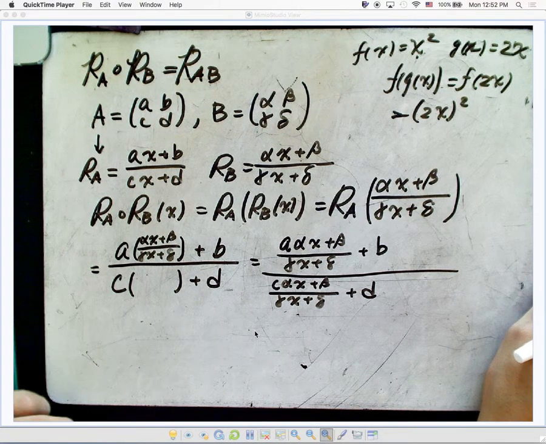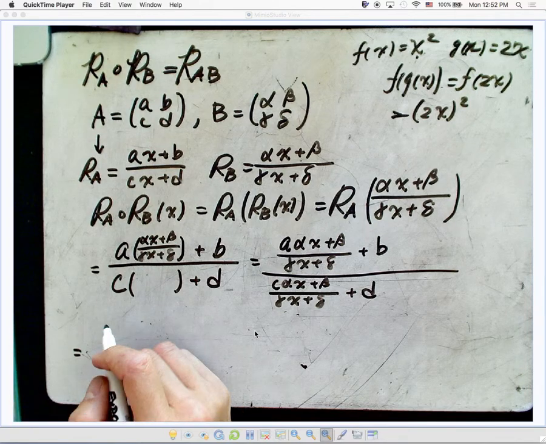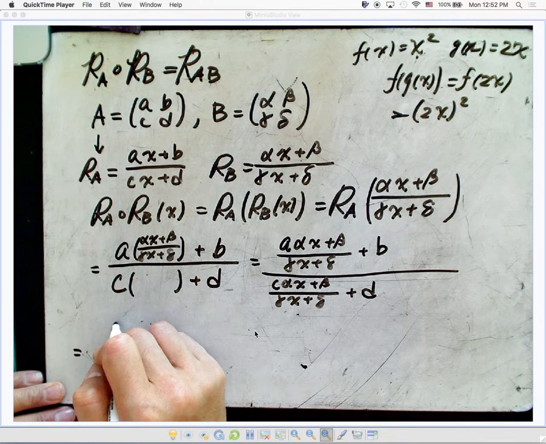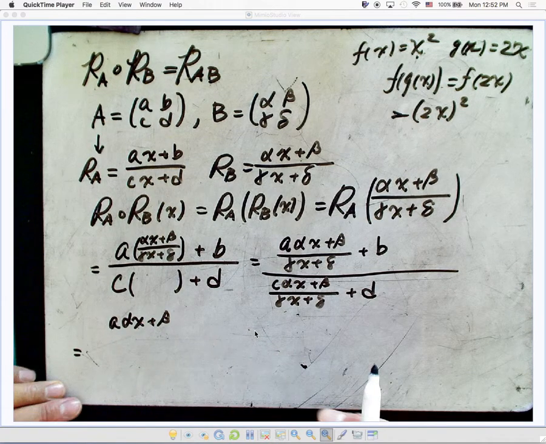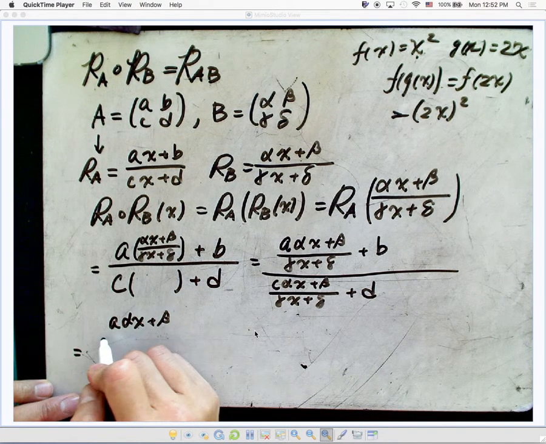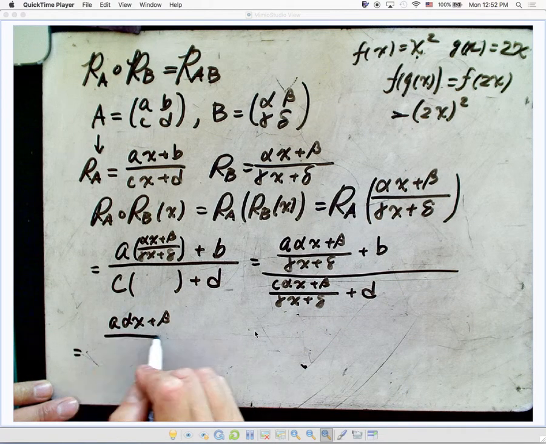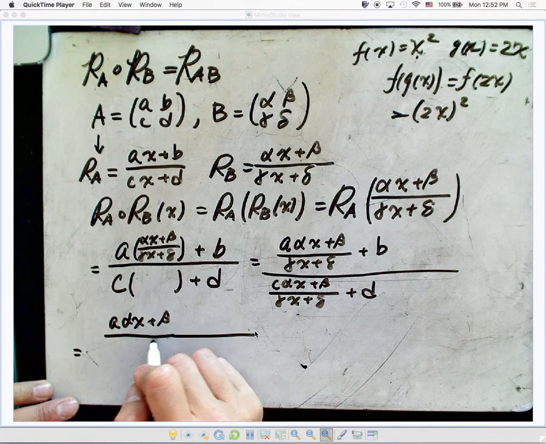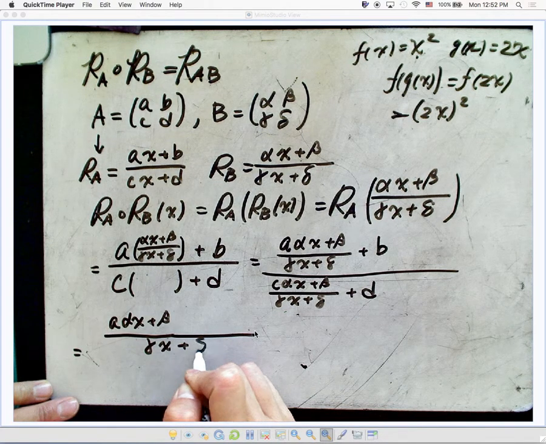Whew. Then the numerator will have a times alpha x plus beta. You see the common denominator is going to be gamma x plus delta.